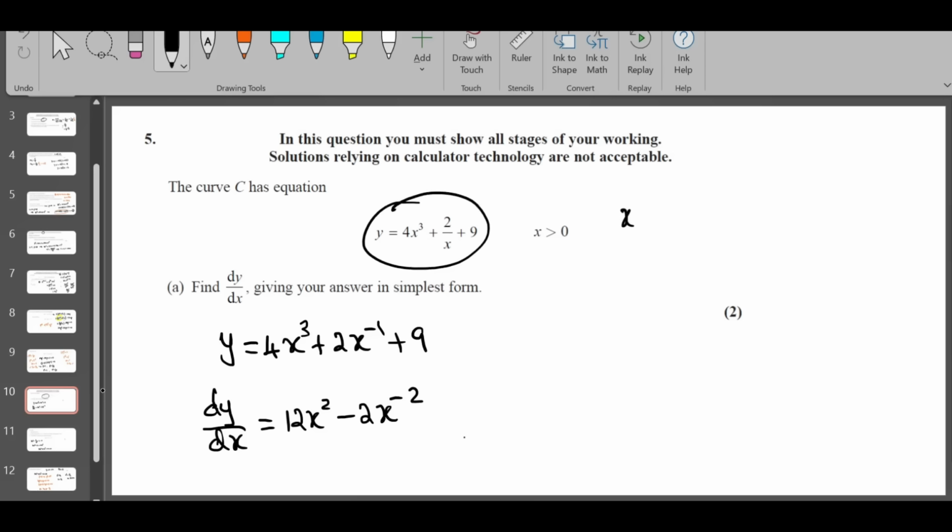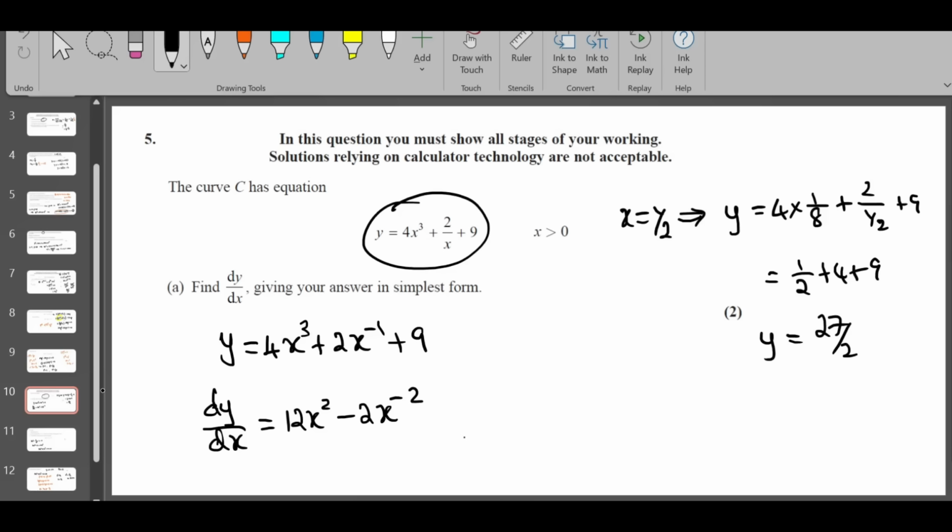So when you replace x by 1 over 2, y is going to be 4 times 1 over 2 whole cubed plus 2 over 1 over 2 plus 9, which is half plus 4 plus 9, which is 27 over 2. y is 27 over 2.